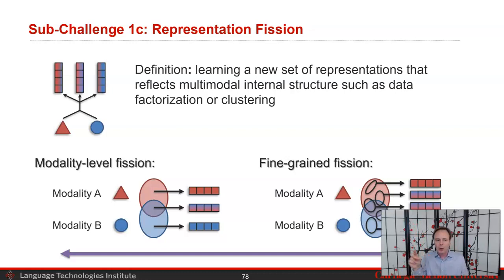And then the middle one where all of the interactions between them are contained. So that's a simple way of doing fission. The more interesting one will start looking at factors or clusters, looking at how the modalities are interacting with each other and trying to find if there are multiple facets in how they can react and interact with each other. But we'll focus first on the modality-level fission.